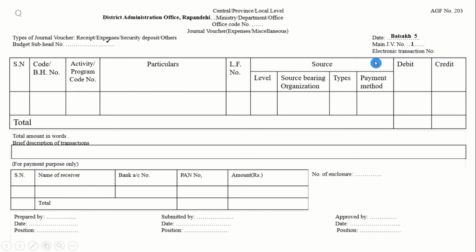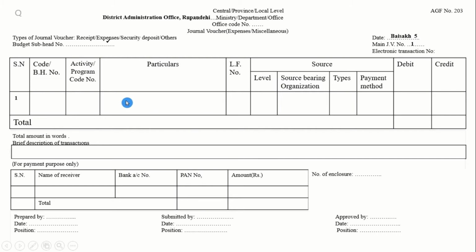So moving to electronic transaction number, the electronic transaction number performed by DTCO in the specific head is written here. The electronic transaction number is not given in the question, so no need to write that. In the serial number section, we have to write the serial number of the transaction, that is number 1. Moving to particulars, in the particulars column we have to write the debit and credit transaction.